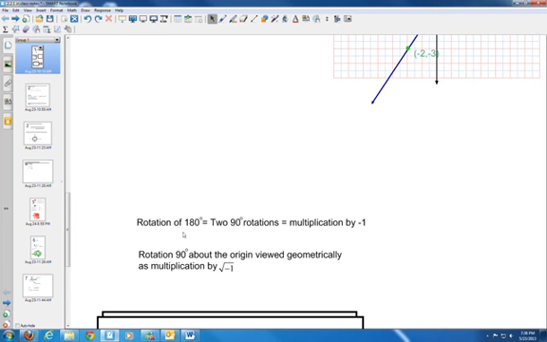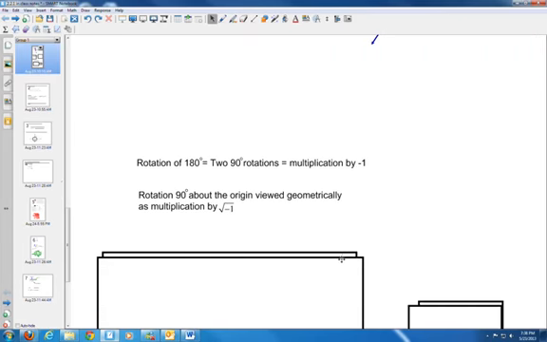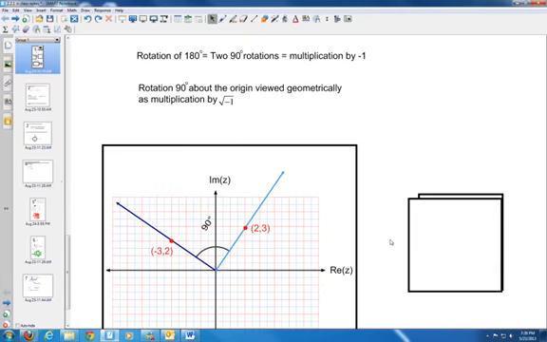Two rotations of 90 degrees are equivalent to a rotation of 180 degrees. And of course, we know a rotation of 180 degrees is simply given by -1. So a rotation of 90 degrees about the origin is equivalent to multiplication by the square root of -1, or by i.